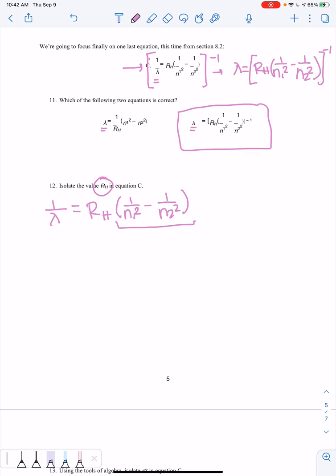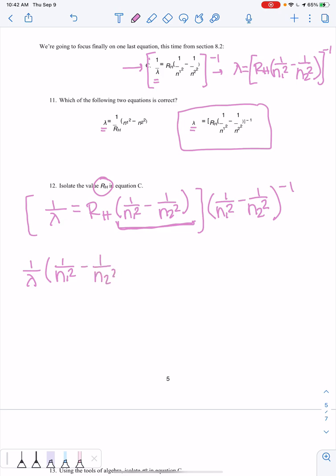That would also be the same as multiplying it by the inverse of everything in here. So that's what we're going to do. We're going to multiply everything by everything in the parentheses to the negative first power. And so on the left side, we would have 1 over lambda and all of that to the negative first power times R_H.